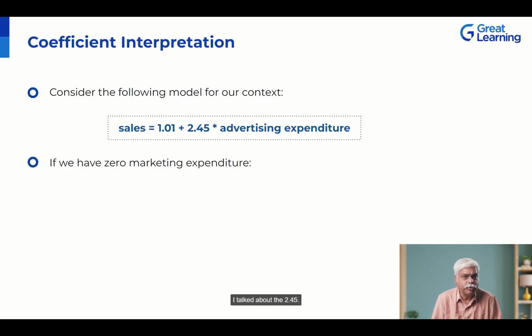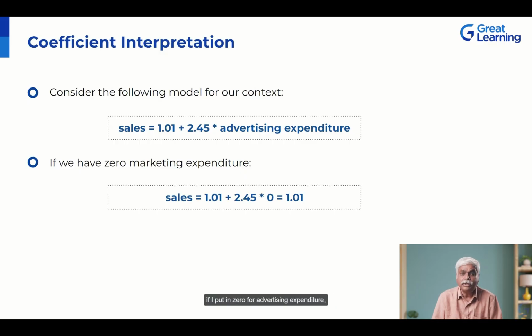I talked about the 2.45. If I have no marketing expenditure, if advertising expenditure is 0, in other words, if I put in 0 for advertising expenditure, now my predicted sales or my estimated sales is 1.01. In other words, this is the amount of sales that I would expect to get if I did not advertise. And that was something that was there in my graphs as well.